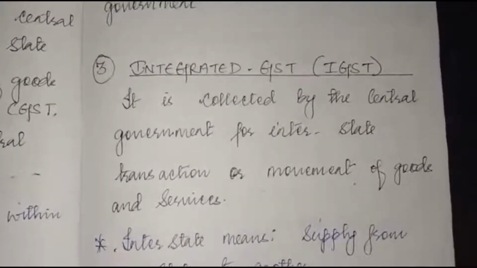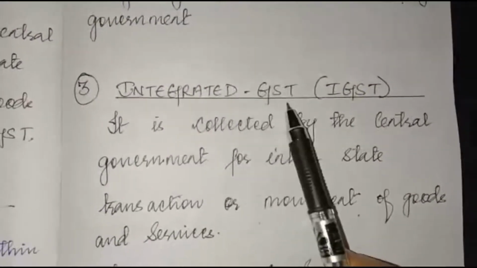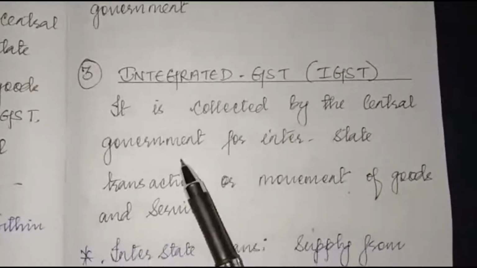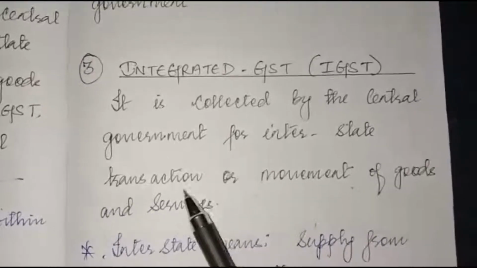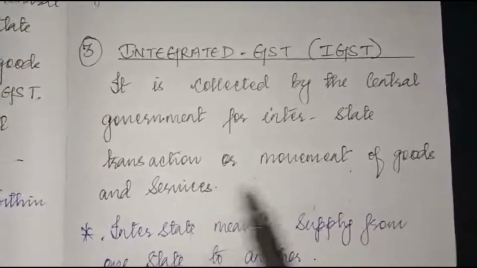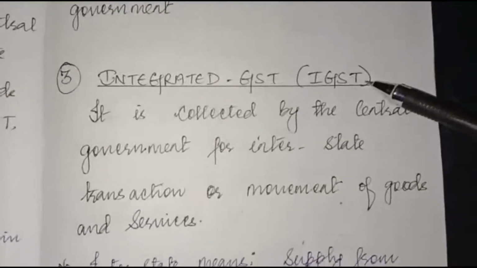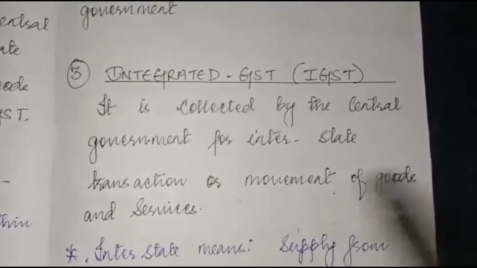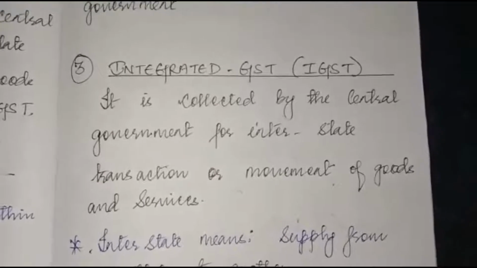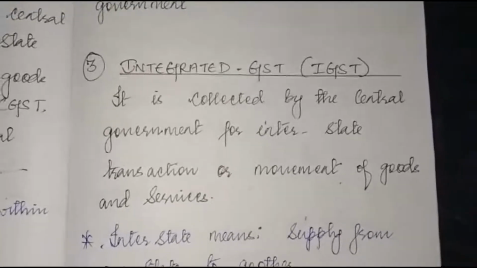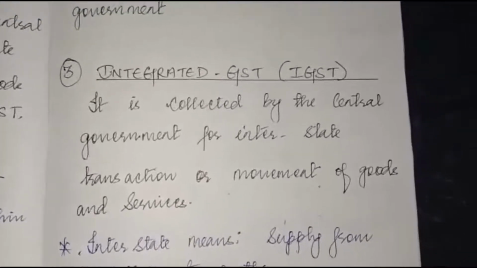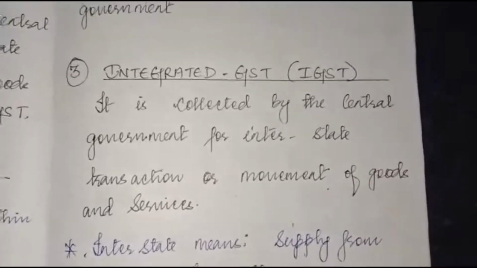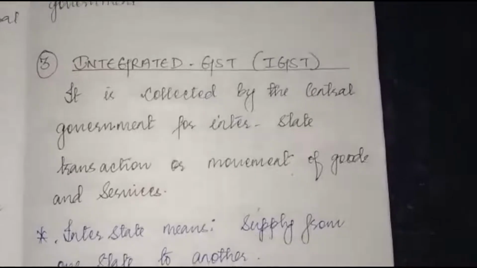Now third is integrated GST, IGST. It is collected by the central government for interstate transaction or movement of goods and services. So this IGST is totally collected by the central government. If the transaction is between two states, from one state to another, then in that case we have to pay only one tax, that is IGST, and that GST will be collected by the central government.